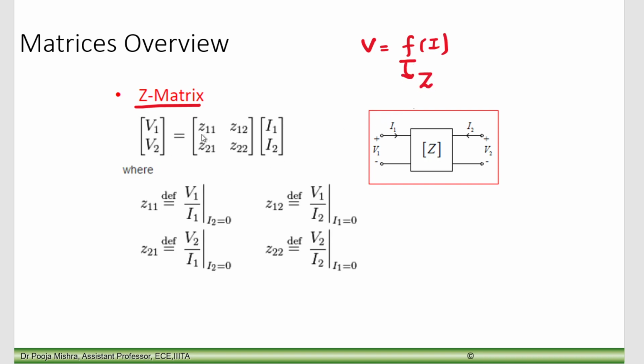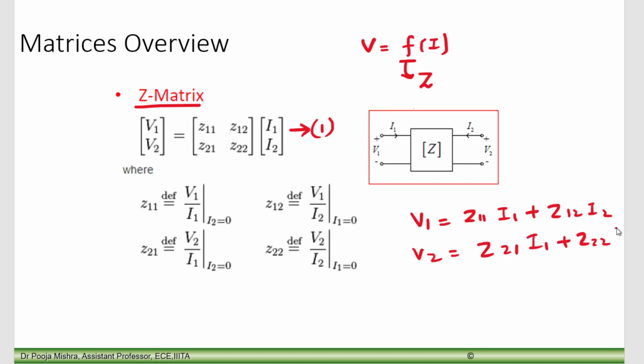If it is a two-port parameter, the matrix which relates the input variables and the output variables will be a 2 by 2 matrix: Z11, Z12, Z21 and Z22. Now how to determine Z11? The equations can be written as V1 is equal to Z11 I1 plus Z12 I2, and V2 is equal to Z21 I1 plus Z22 I2.